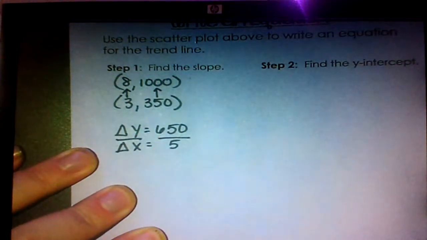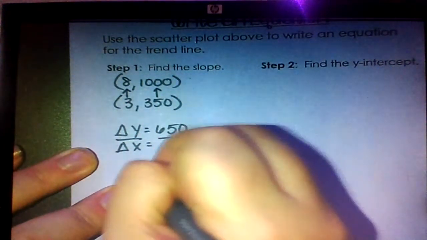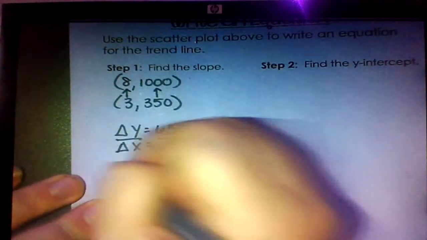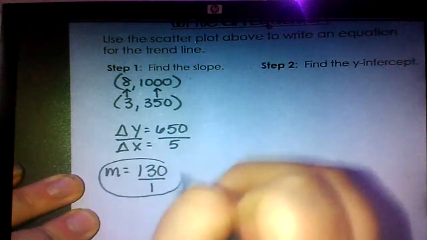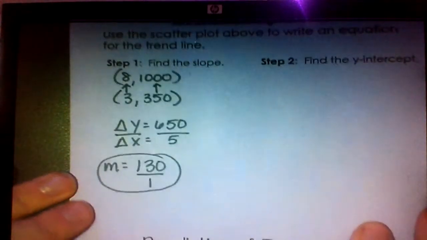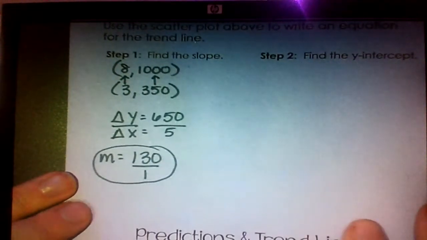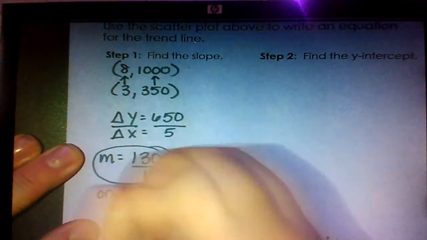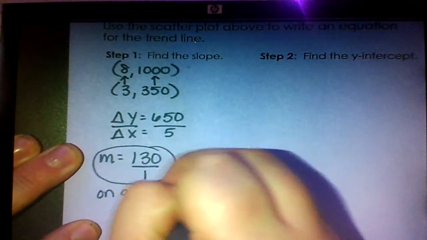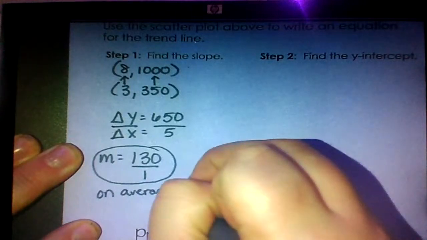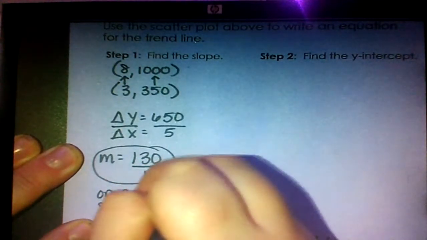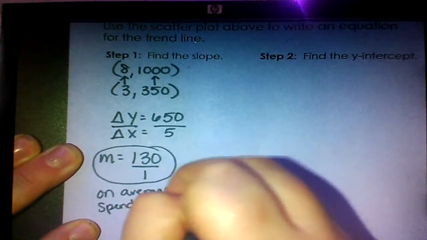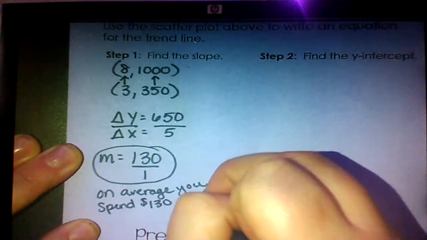And 650 divided by 5 is 130. Whoa. So on average, what this is saying is you would spend $130 a year.